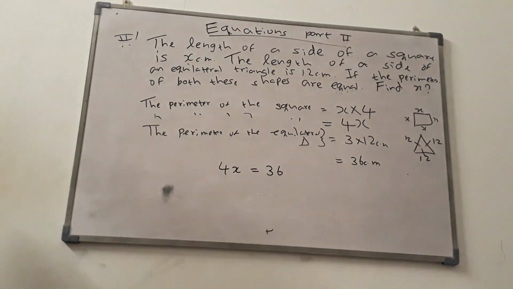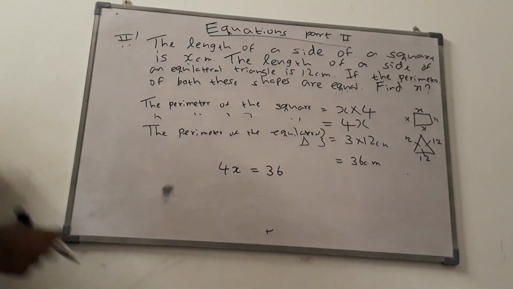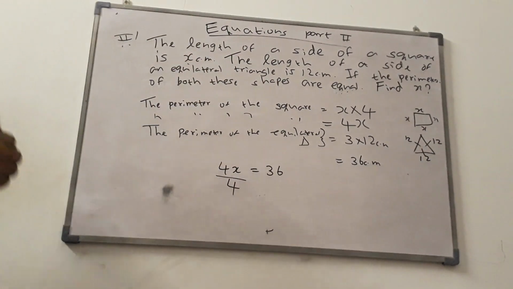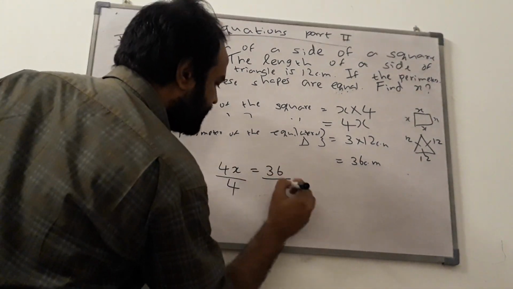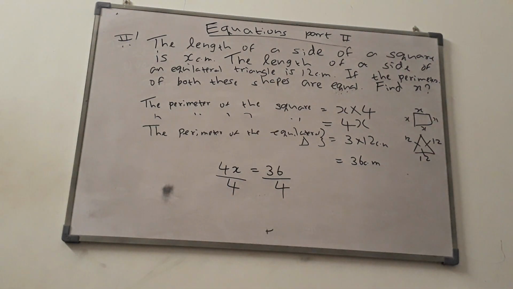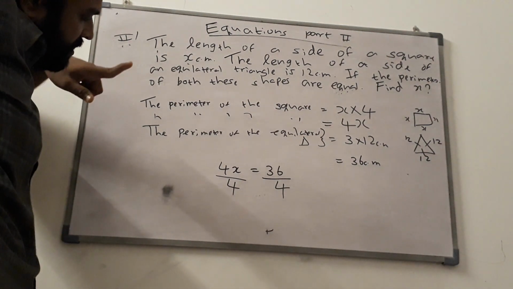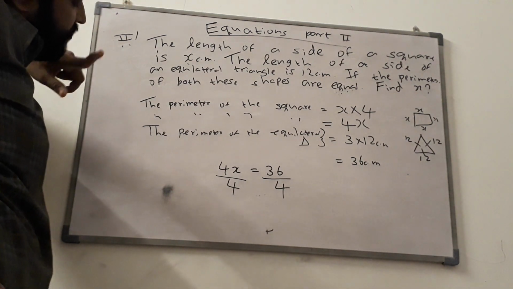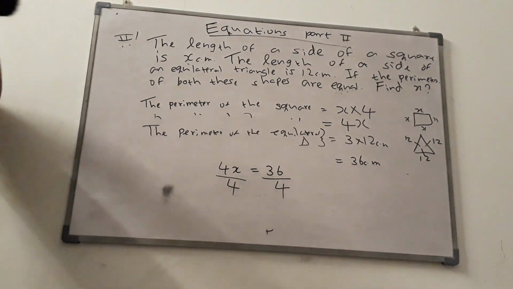So we have to remove 4. This is a product of 4 and x, or 4 times x. So to remove 4, we have to divide it by 4. We have to do the same thing to the right hand side as well. Product has to be divided by 4 because the product included a 4 with the unknown term.